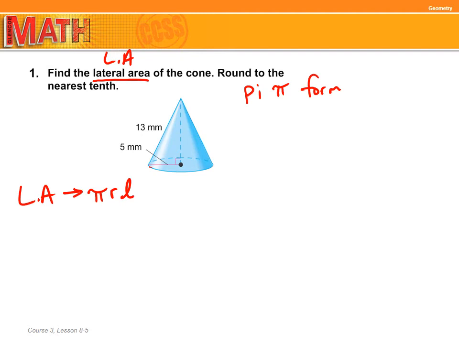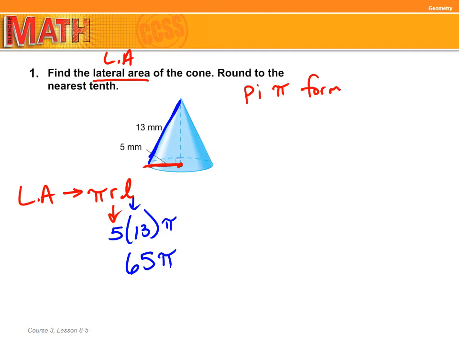Okay, so we know the radius. It looks like our line is going straight to the middle of our circle, so we're going to say that's 5. Our slant height, which is here, is 13. So it's going to be 5 times 13 times pi. 5 times 13 is 65.